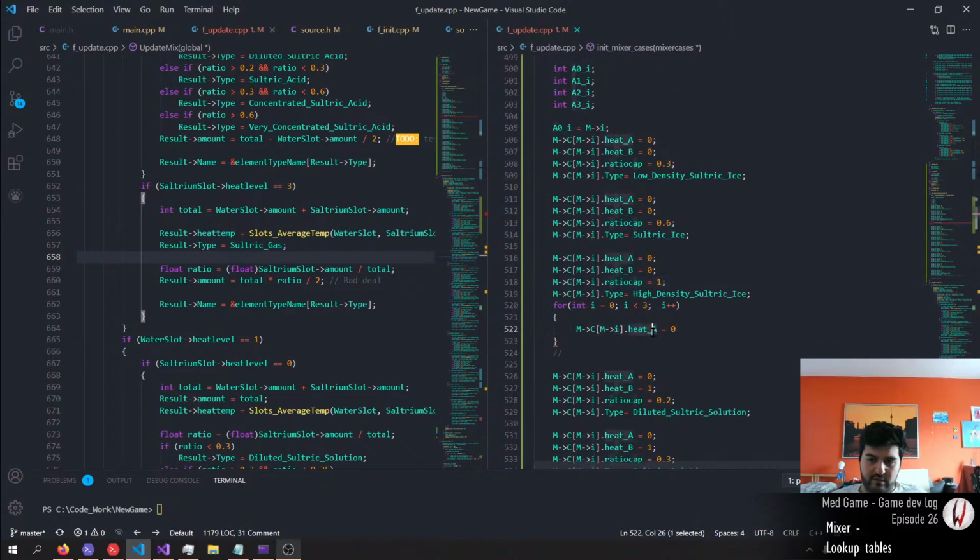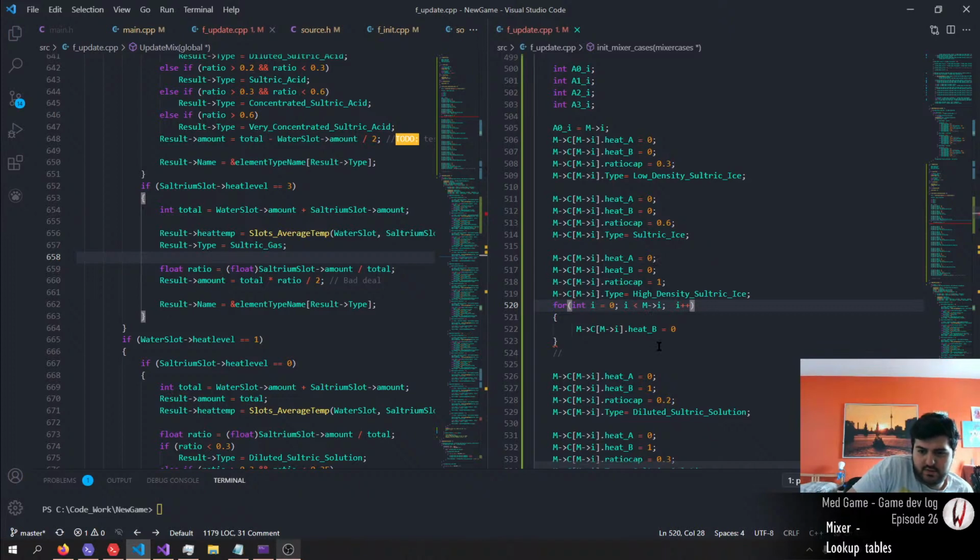But here at least heat B will equal 0. Now here it starts at 0 and ends wherever mi is here.